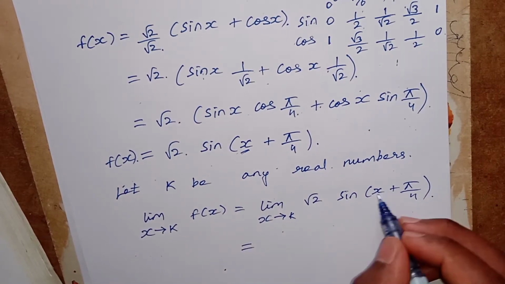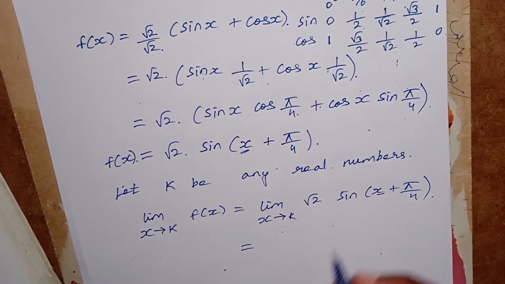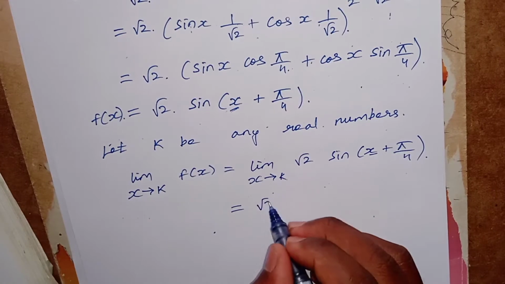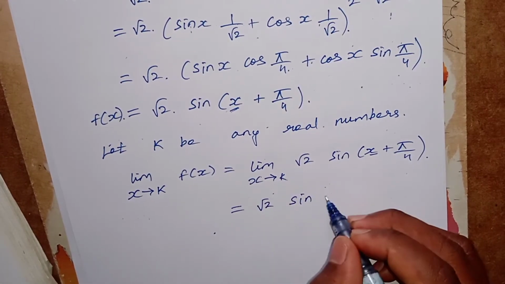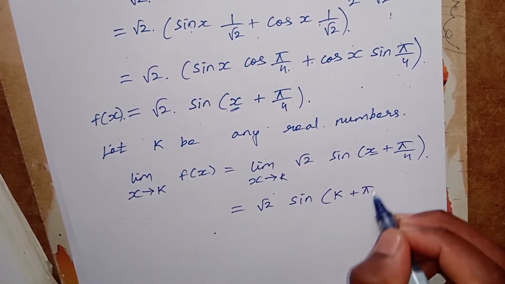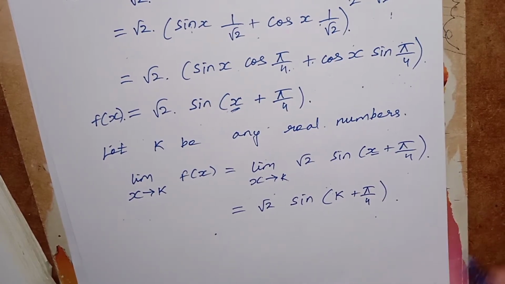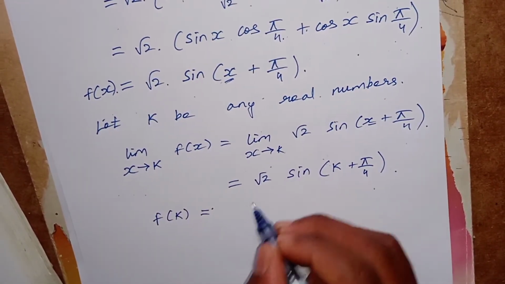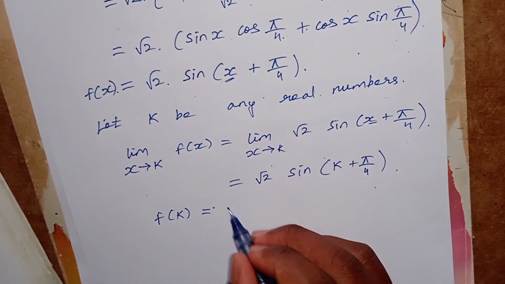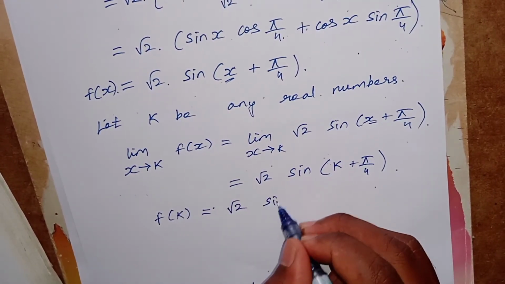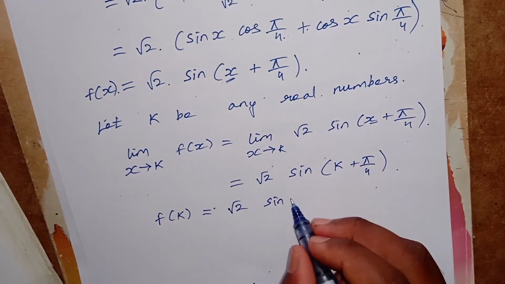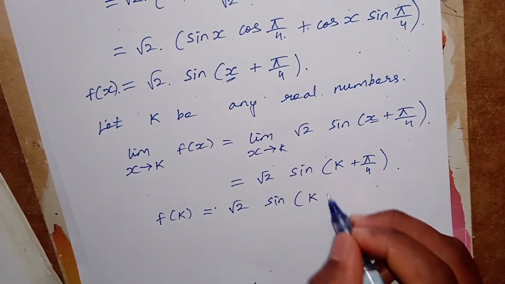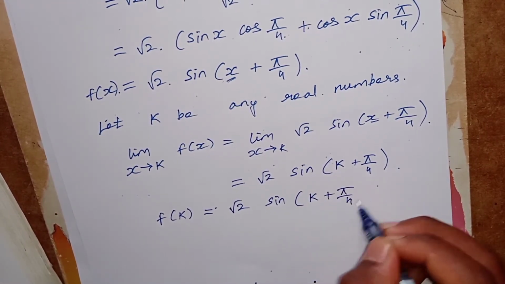In the place of x you have to substitute k, therefore root 2 sin k plus pi by 4. Next f of k, in the place of x we substitute k, therefore k plus pi by 4.